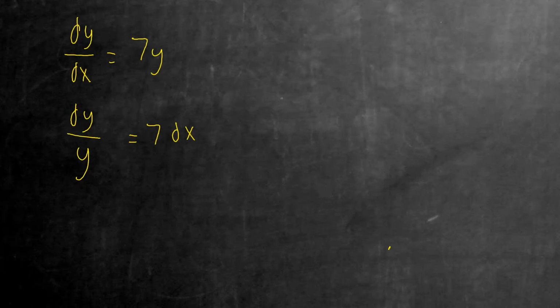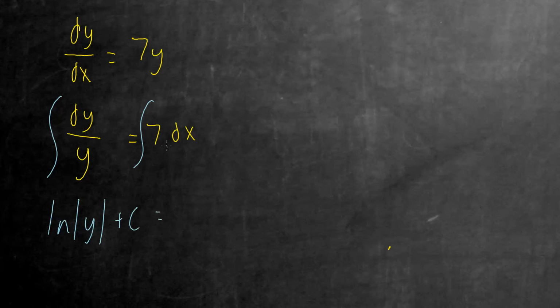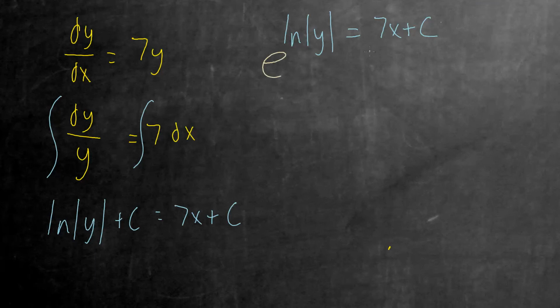You're going to get very used to doing these problems and seeing y on the bottom and understanding that that is the natural log of y plus c equals 7x plus c. Add the c over, natural log of y equals 7x plus c. Now we're going through this one a little quicker. The next step is always e to both sides.